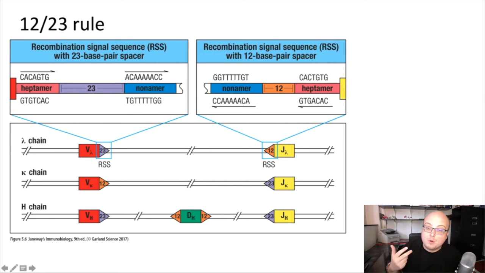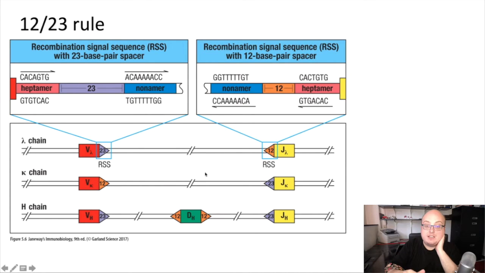This is important because there's a rule that the enzymes follow here, which is the 12-23 rule. Only segments with 23 base pair spacers can combine with segments with 12 base pair spacers. So in the lambda locus, we're only going to get V's combining with J's because we're matching a 23 to a 12.